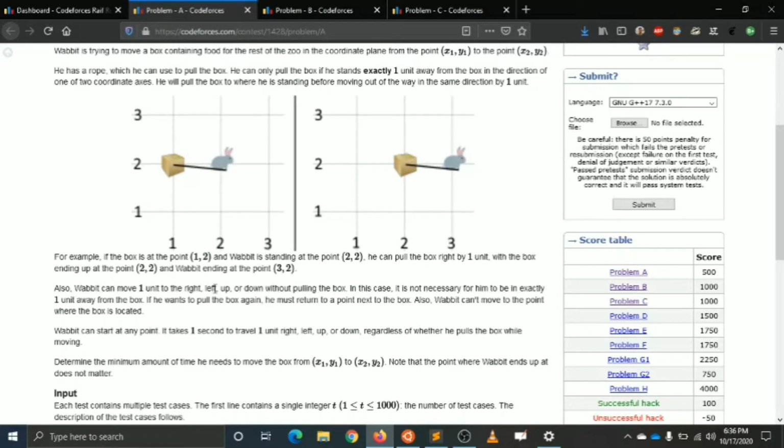And what you have to do is basically utilize the minimum unit of cost to make the box go from x1 y1 to x2 y2. The question is very simple. What you are going to do is to move from x1 y1 to x2 y2.